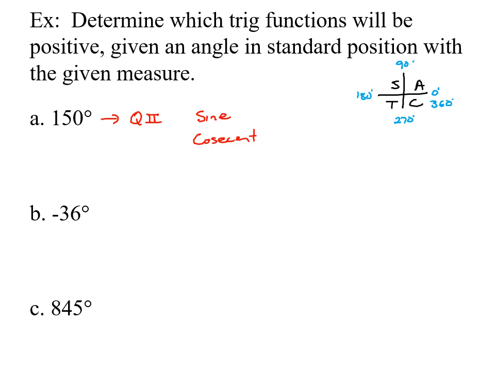So if I was to add 360 to this angle, I would end up at 324. 324 is in quadrant 4. And quadrant 4, since it's between 270 and 360, is where cosine is positive. So cosine and its reciprocal secant are positive.